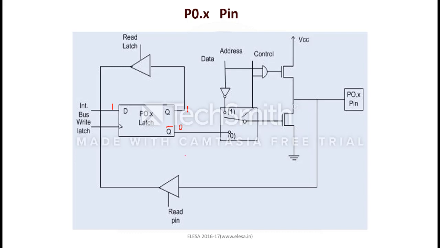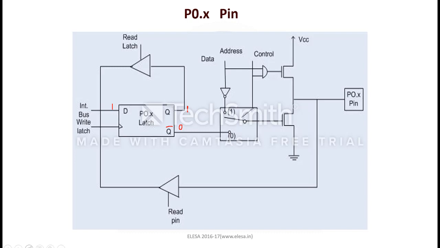MOSFET 1 is already off because the control is 0, and that 0 is given to the AND gate, so the output will be 0. Due to the mux output, MOSFET 2 is also off, so the output at the P0.x pin is neither 0 nor high, so it is at the third state, that is high impedance state.